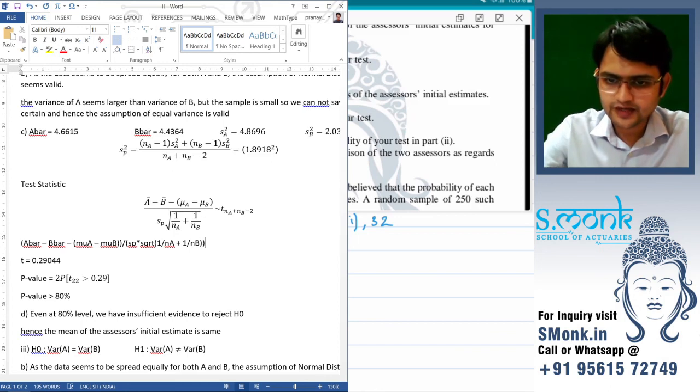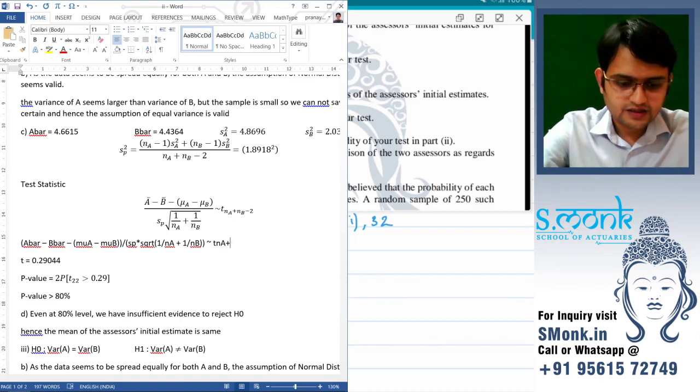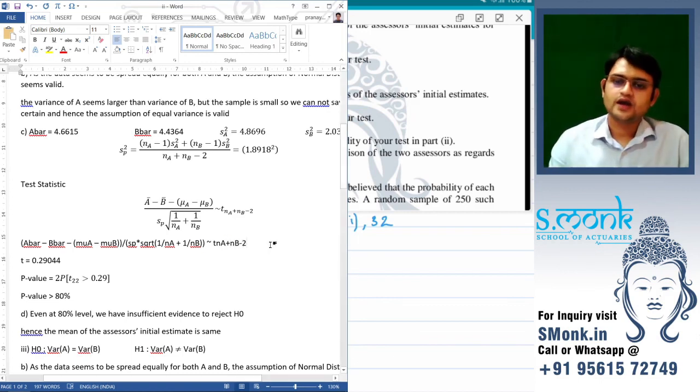Another bracket close for the denominator, follows t with na plus nb minus 2. This is how we would have written it without using the equation editor.